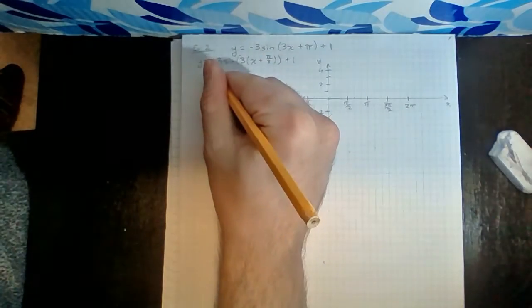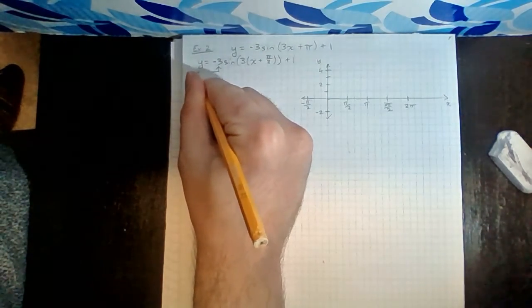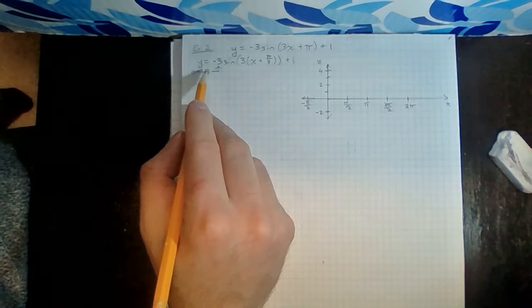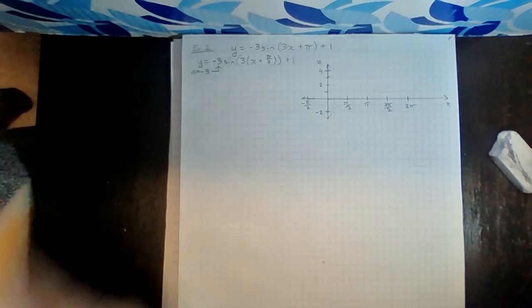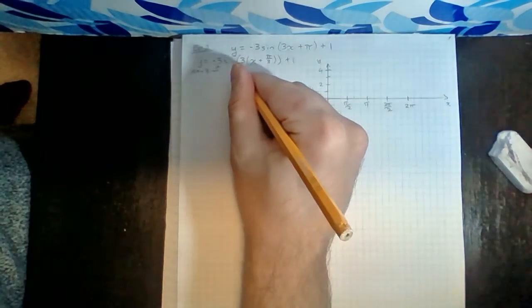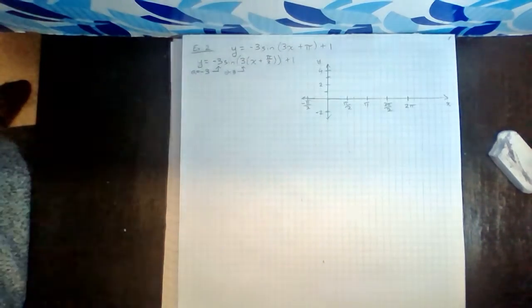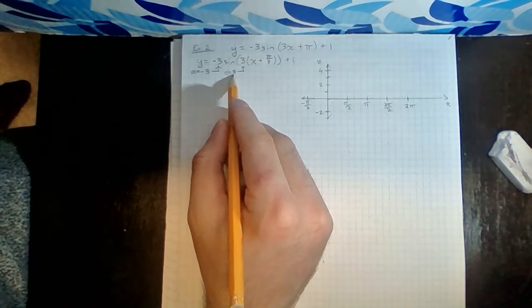So now we can start to look at our transformations. Our a value is -3. So that's telling us that we have a vertical stretch by a factor of 3 and a reflection over the x-axis, a vertical reflection. We have a d value of 3, so that would be a horizontal compression by 1 over 3.